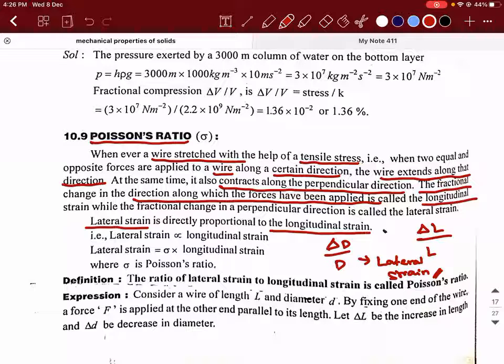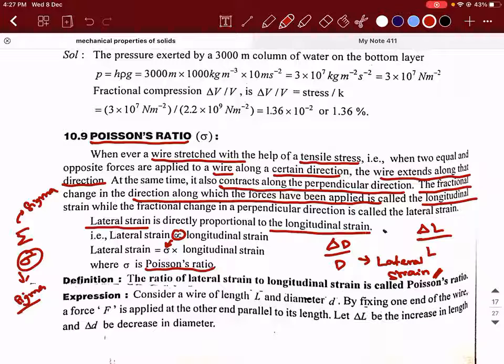And if you remove the proportionality symbol, the constant that you introduce is sigma. You would have seen this sigma and you would have seen this sigma. Okay. So this is also sigma. Remember that this is also sigma. And here the sigma represents the Poisson's ratio.